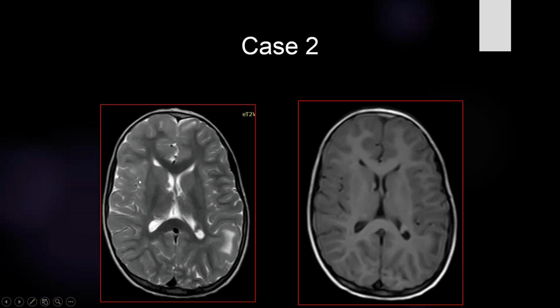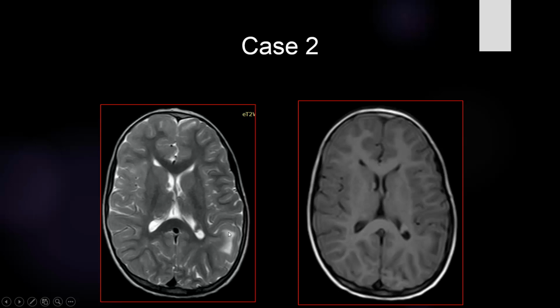Okay, this is a typical example of multiple subependymal nodules, which are characteristic of tuberous sclerosis, and we can see these nodules also in T1. They have apparently higher signal than the cortical gray matter, so this is not a subependymal heterotopia.